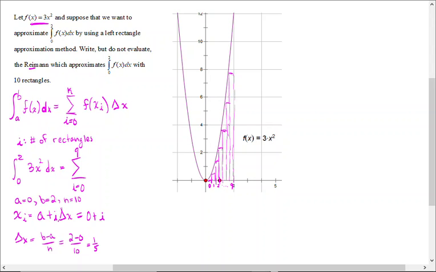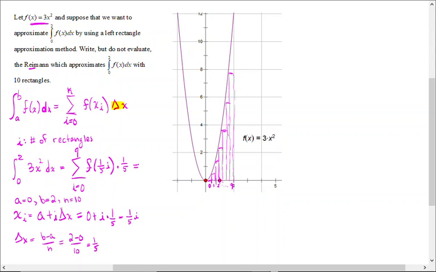So 0 plus I times delta x is just 1/5 I. So in other words, x sub I is 1/5 I. Okay, so I need the function evaluated at 1 over 5I. And then we need to find delta x. Well, delta x we just found, so that would be times 1 over 5.